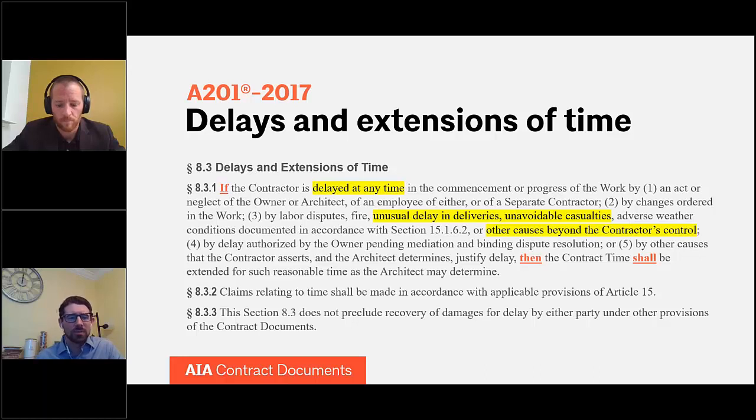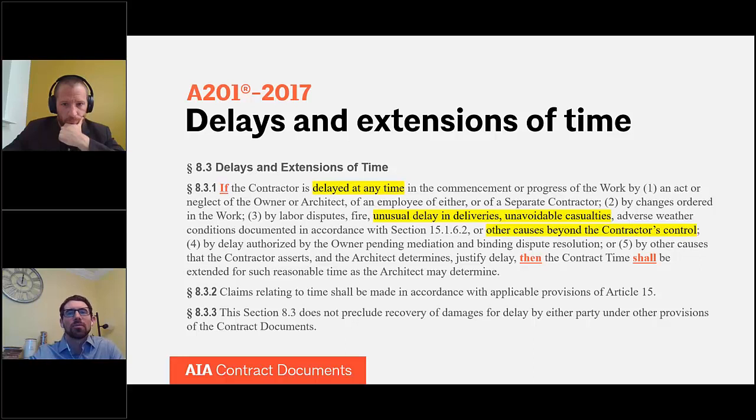An unavoidable casualty is basically a fancy phrase for an accident that's out of the contractor's control, and that may or may not come into play with COVID-19. Then there's this sort of mini catch-all in subsection 3, other causes beyond the contractor's control. And that goes back to what I was referencing earlier with phrasing this delay provision broadly to allow as many things as possible as potential triggers if the contractor is in fact delayed at any time.